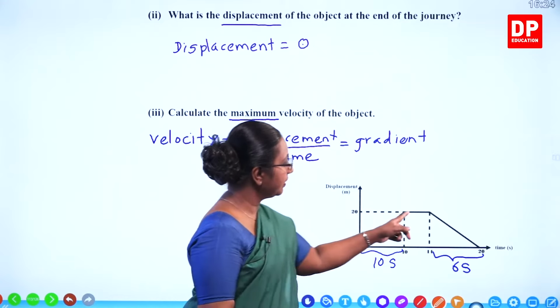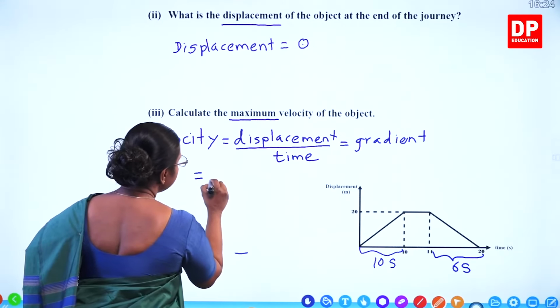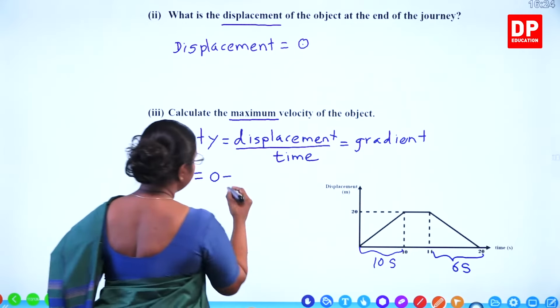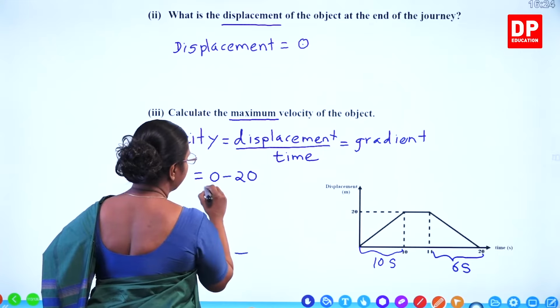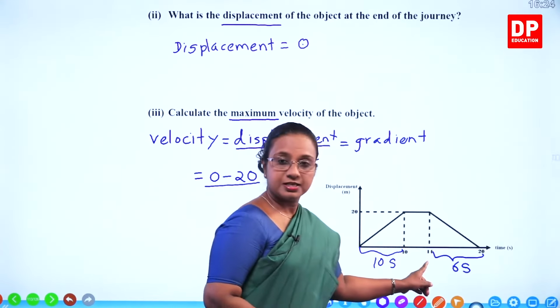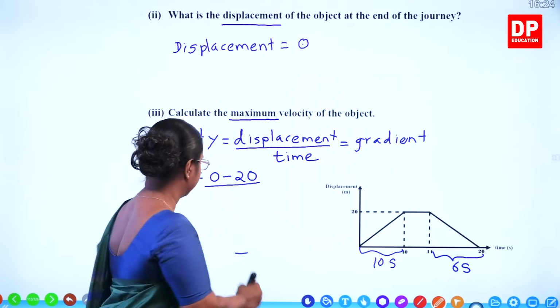So here if we take the gradient, it is going to be 0 minus, that is the final 0, initial is 20, so 0 minus 20 divided by 20 minus 14. We have already calculated 6 seconds.